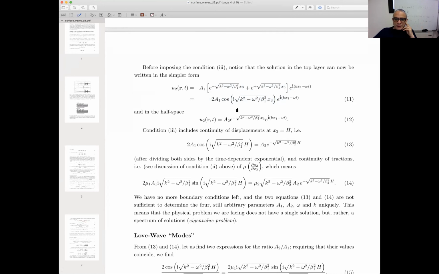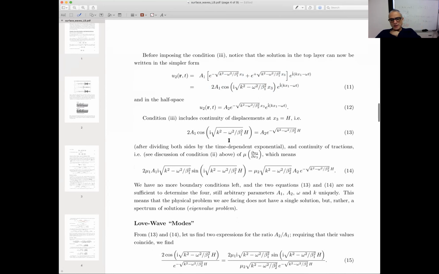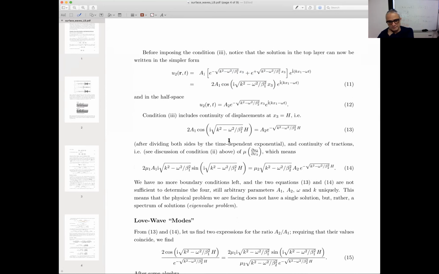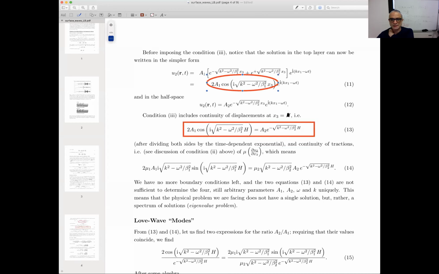Anyway, we apply, and this is where it gets heavy, analytically, algebraically, we apply the conditions in the continuity of displacement. So you see, on the left-hand side we have the displacement above the discontinuity.